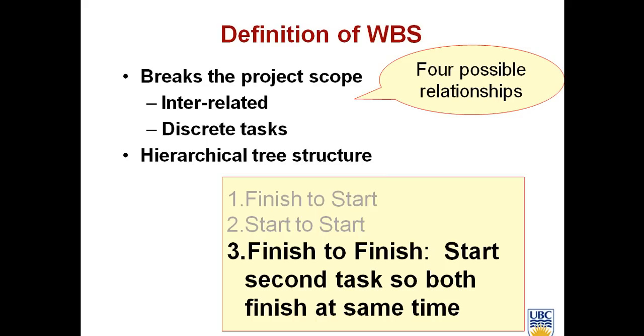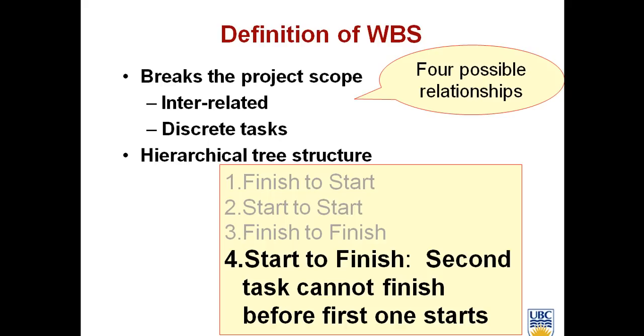If wiring is going to take longer, then you have to start wiring earlier. One crew works on wiring and the other on plumbing; they start at different times but finish at the same time, in order to avoid any delay in the next stage, which is inspection.